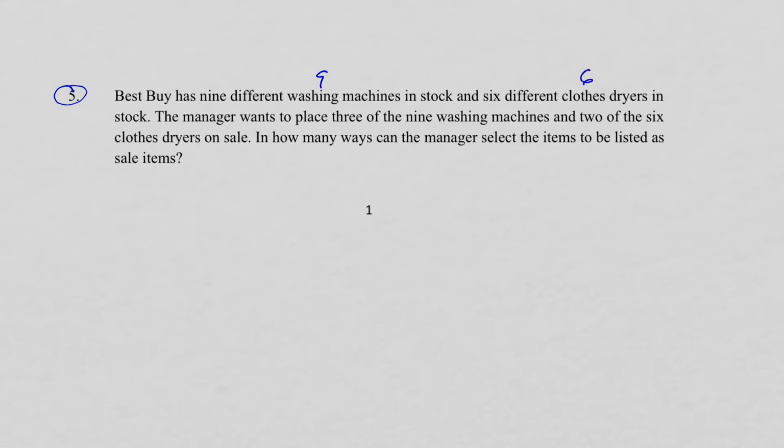The manager wants to place 3 of the 9, there you go. 3 of the 9 and 2 of the 6.